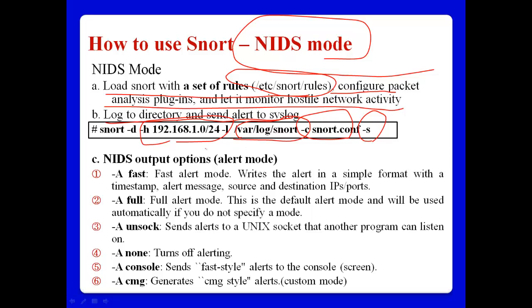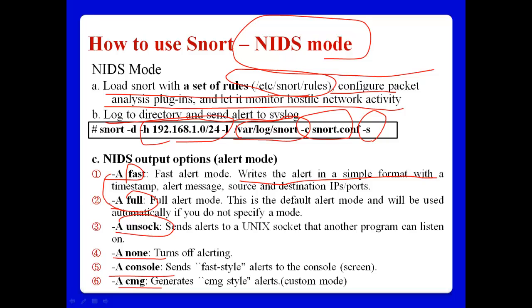In NIDS output mode, there are six kinds of options: alert fast, alert full, alert unsock, alert none, alert console, and CMG. CMG means a custom mode. Even if there are six kinds of modes, normally we use only two kinds, fast or full. Fast mode means writing alerts in a simple format.